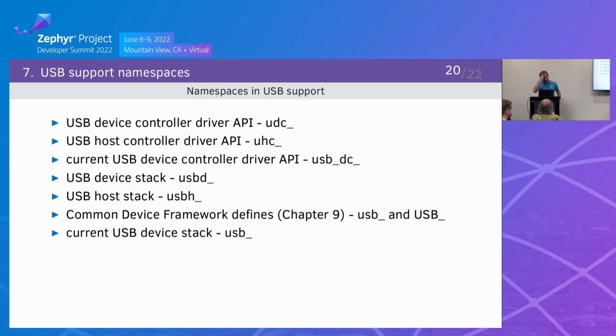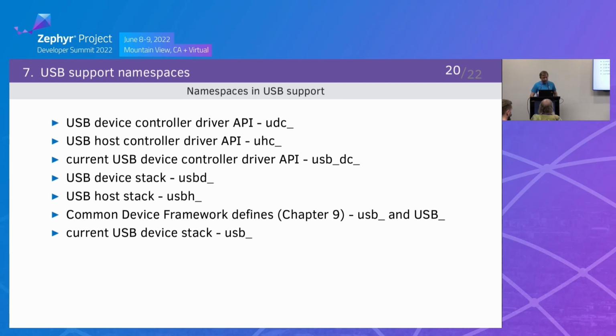Just the last slide about namespaces and USB support that I would like to use. They are already in the pull request, but I would still like some feedback about that. So UDC for USB device, HC for host controller, and so on.